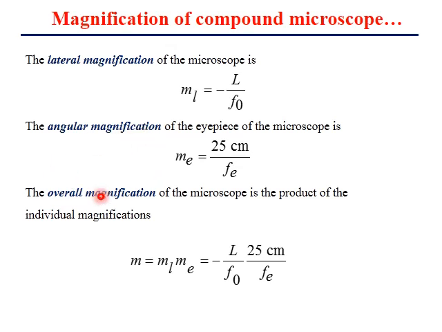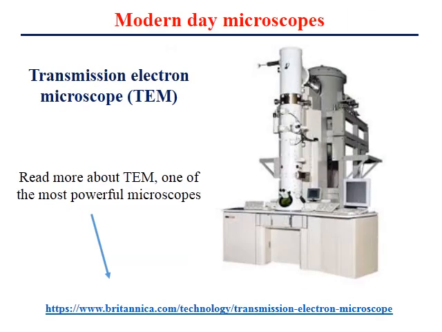Now a combination of these two is the overall magnification of the microscope, which is the product of the individual magnifications. So M is equal to m_l into m_e, which is equal to minus L times 25 centimeter divided by f_o times f_e. Fine. This is the magnification of a compound microscope.